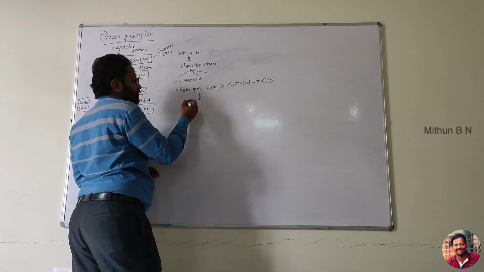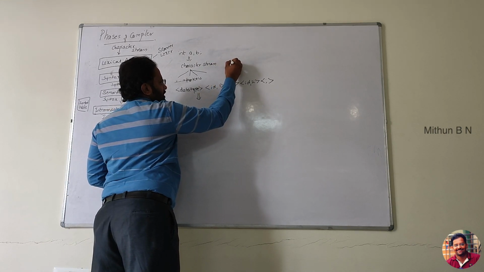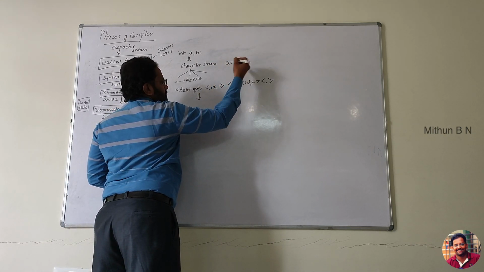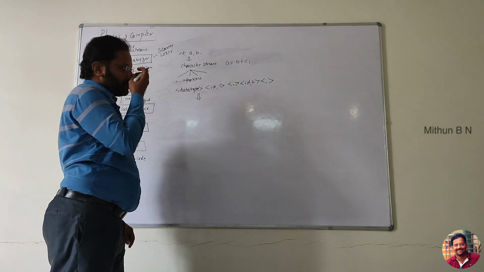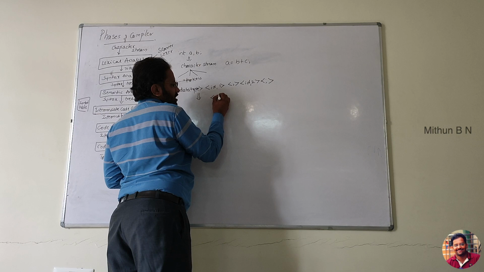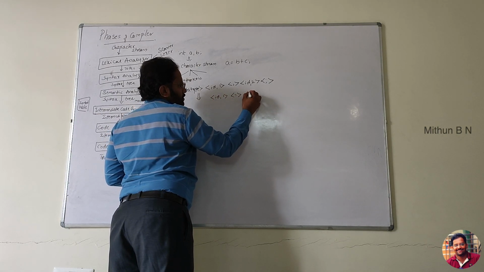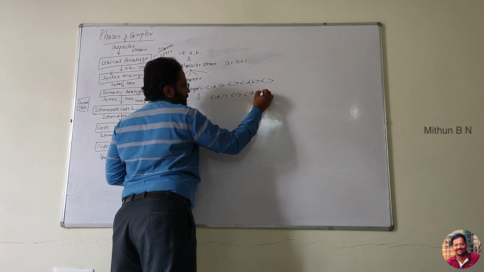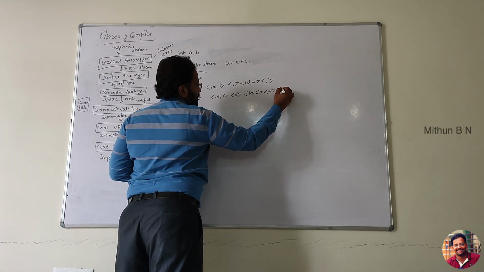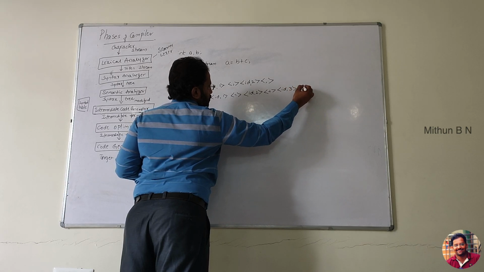So for ease of understanding, instead of just writing int a, b, I would take the example as a equal to b plus c. Assume one more example. Now this can be considered as a token stream as id1, equal is one more token, id2, plus is one more token, id3 as one more token, followed by semicolon.